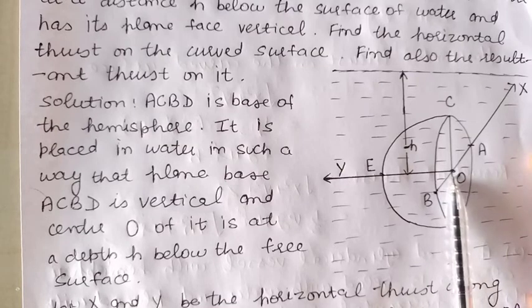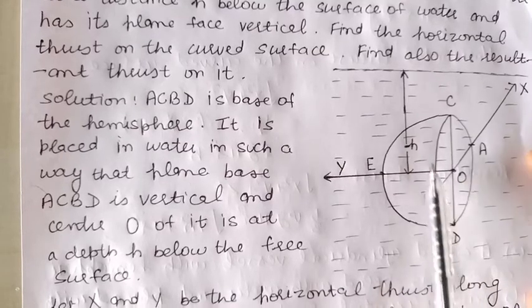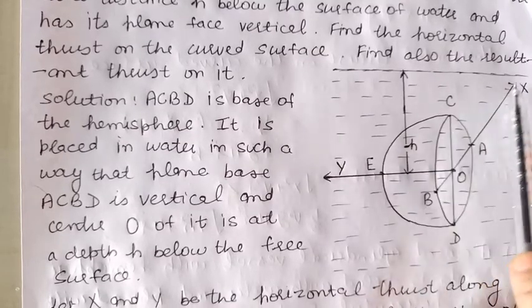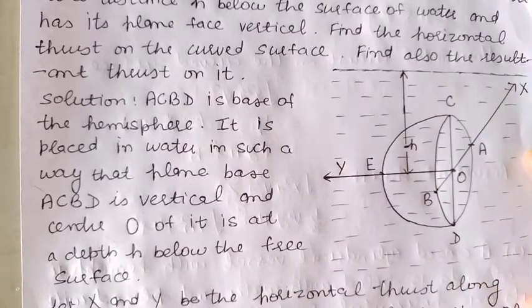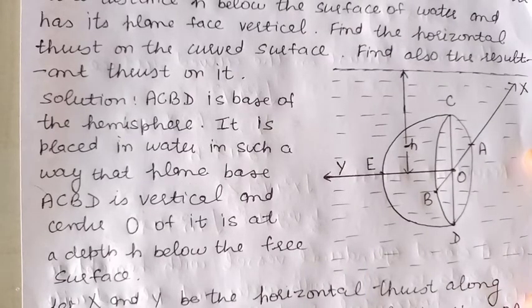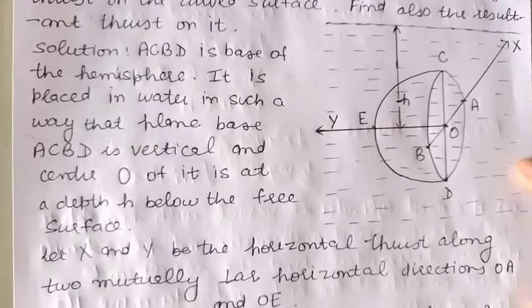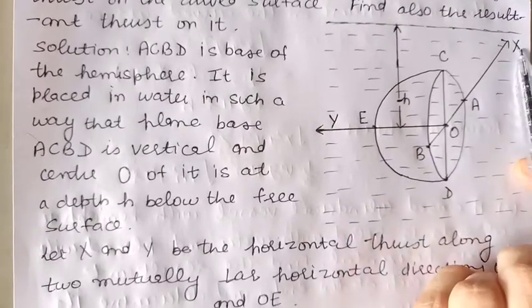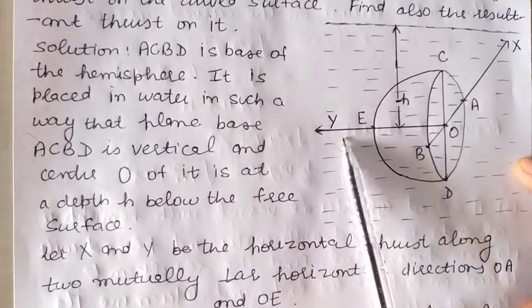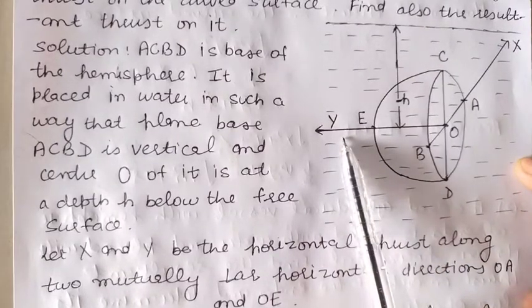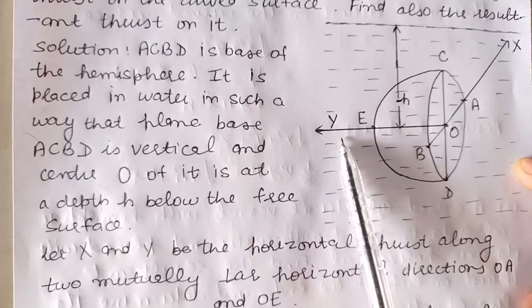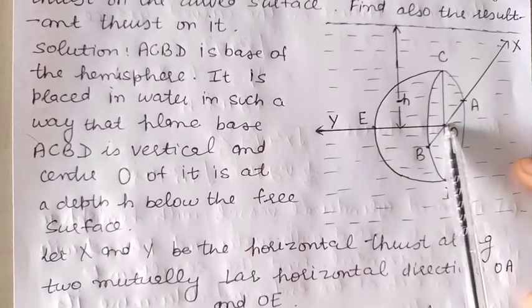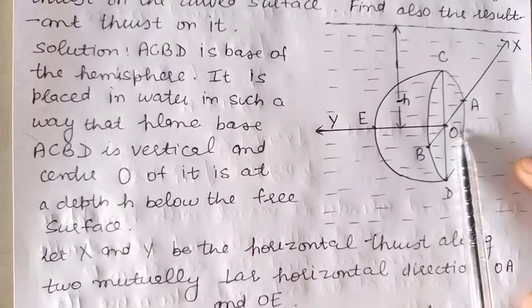O is the center, which is at a depth h below the free surface. Now, to find the horizontal thrust on this curved surface, let us take x and y. These are the horizontal thrusts along two mutually perpendicular horizontal directions OA and OE.